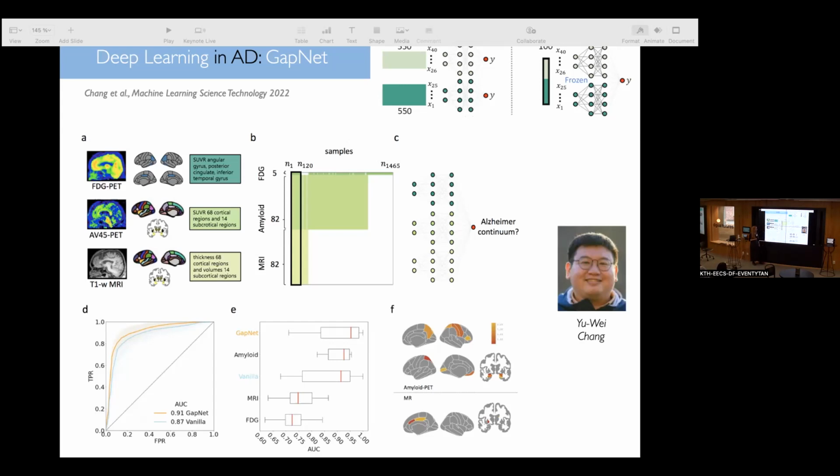So by training the network using both the information that coincided for all the subjects and the available information that was present for the others, he was able to discriminate better 2 groups of individuals, controls and Alzheimer's continuum individuals, obtaining an AUC that was superior to a vanilla network, that was superior to networks built on the separate imaging modalities.